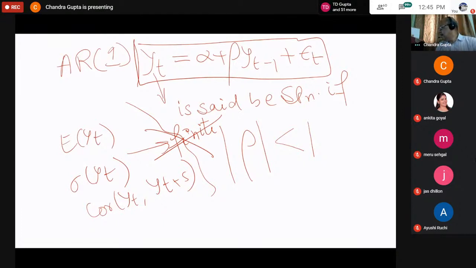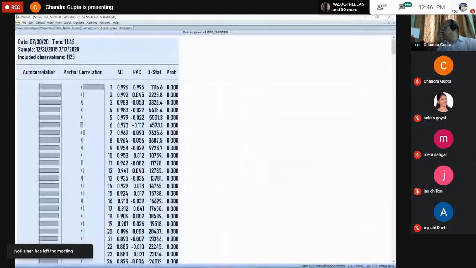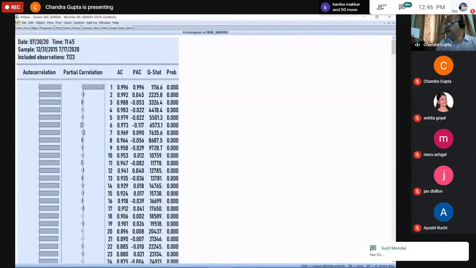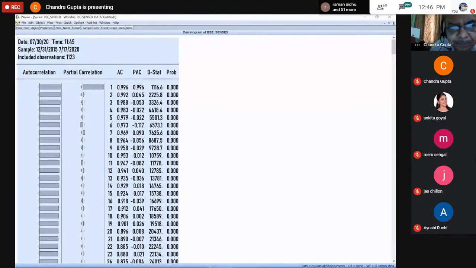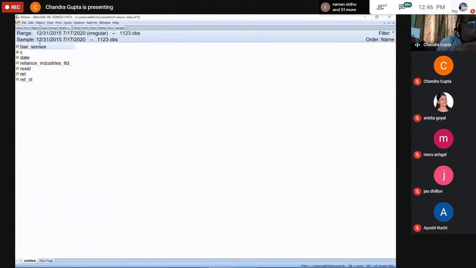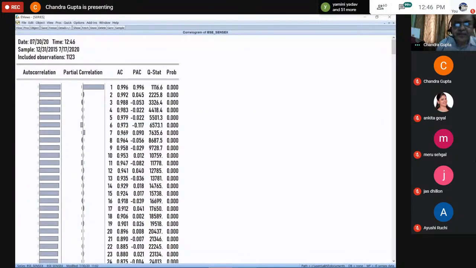Since I'm not getting any other question, let's move further to EViews. Please open up EViews. I have the data with me, that is of BSE Sensex. Double click on BSE Sensex. That's the correlogram which you get.